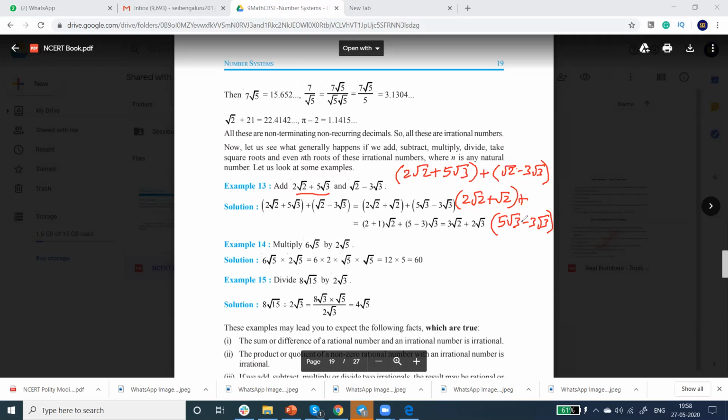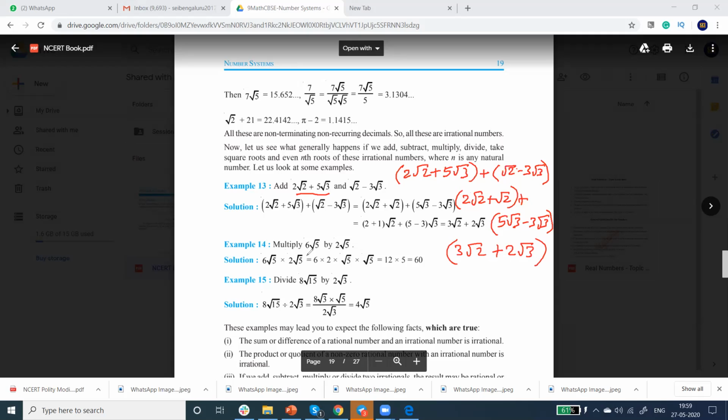Minus of minus gives plus, but plus of minus gives minus. Now 2 root 2 plus root 2 is 3 root 2, plus 5 root 3 minus 3 root 3, 5 minus 3, 2 root 3. 3 root 2 plus 2 root 3 is the answer. Got the point? You understood now?